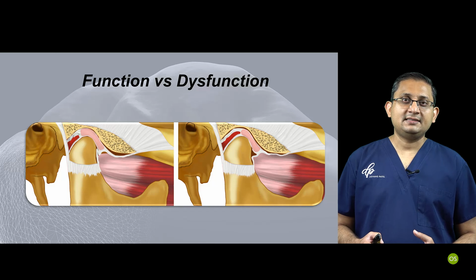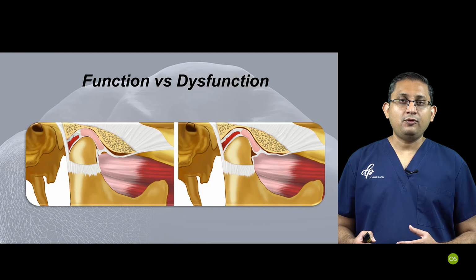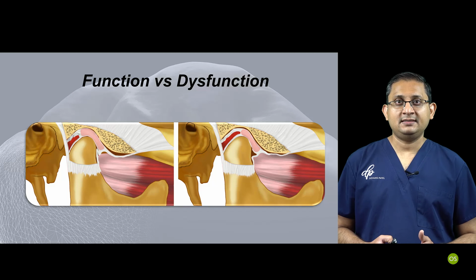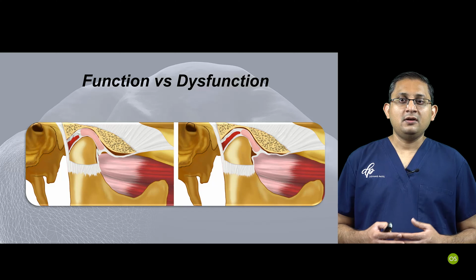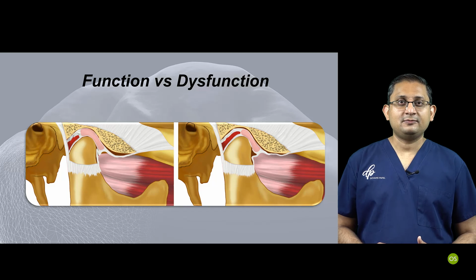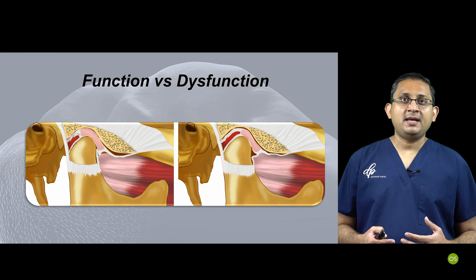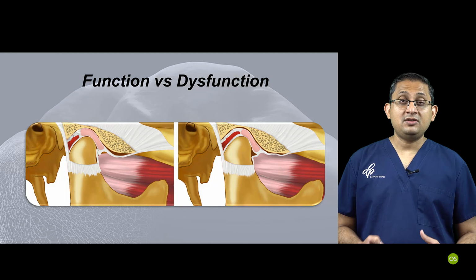Now the disc moving forward by itself is not a dysfunction. It could be a functional displacement of the disc for some reason, but many times when patients have intracapsular pain, it is associated with some sort of disc derangement.